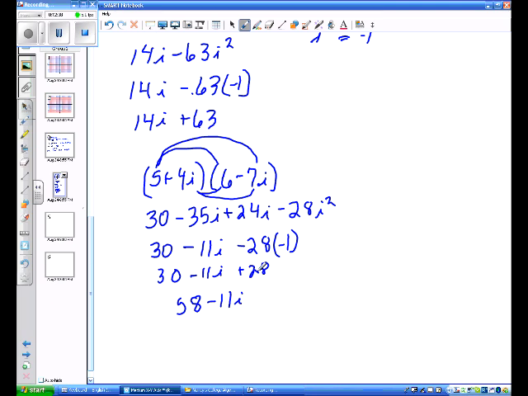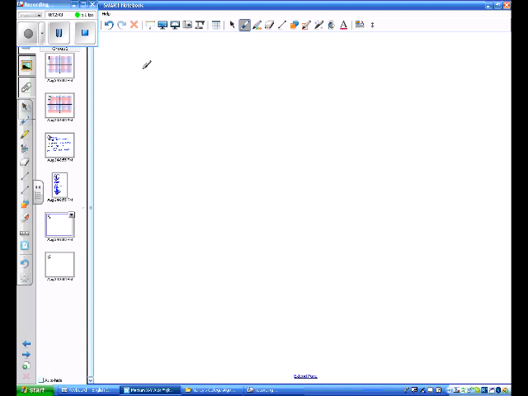Now, we have some special numbers that we can multiply, and these are called conjugates. And you deal with conjugates in several different areas. But the conjugate of a complex number, a plus bi, to find the conjugate, we simply negate the imaginary term.